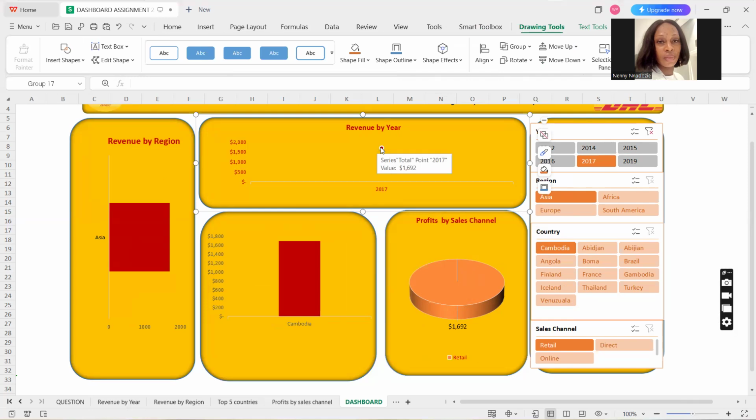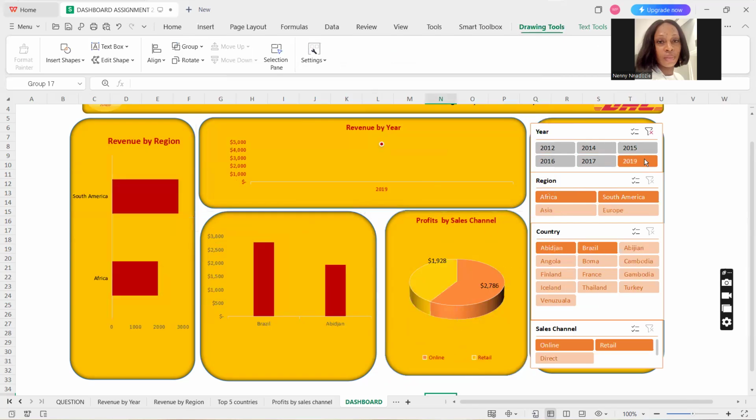So 2017, the revenue was $1,692. And it's just the Asian region that made sales. And the country is Cambodia. Cambodia is the country in the Asian region that made sales in 2017. And they utilized only the retail.